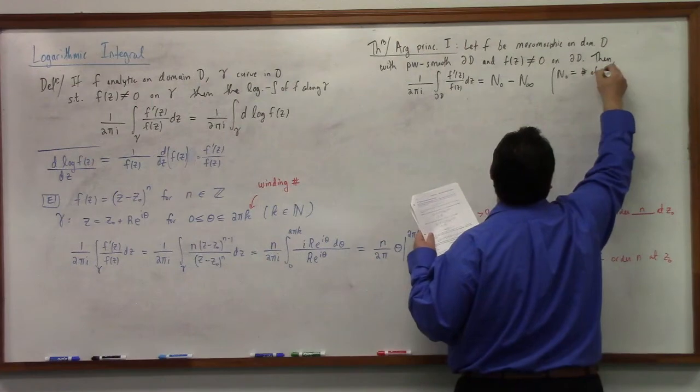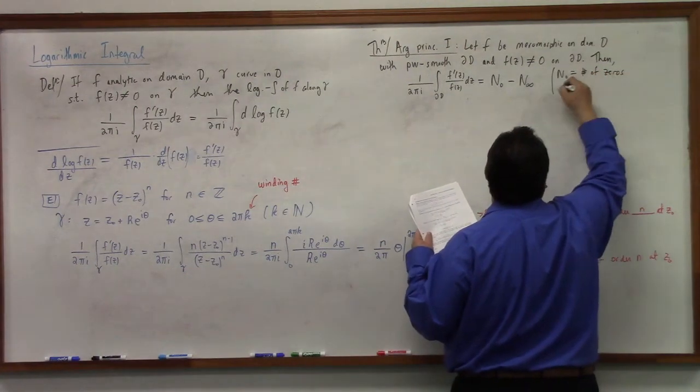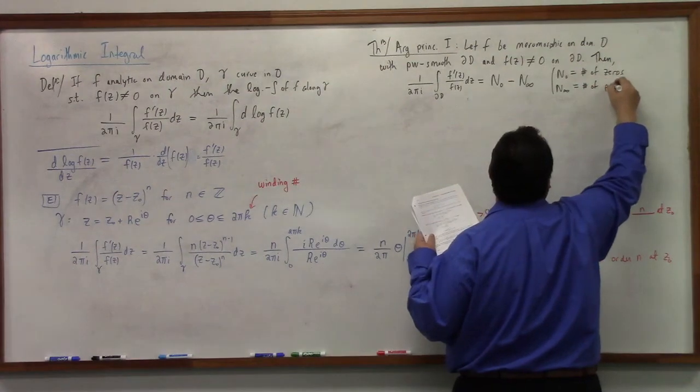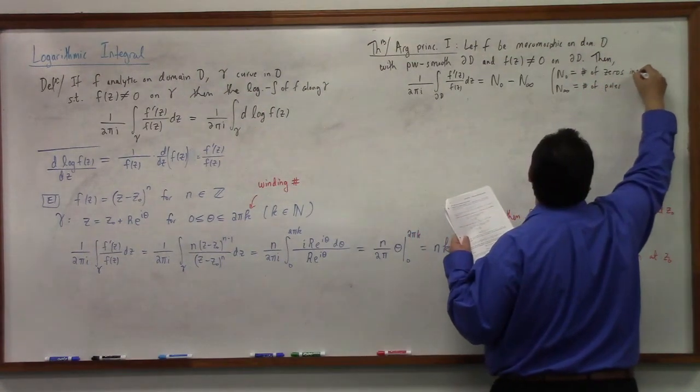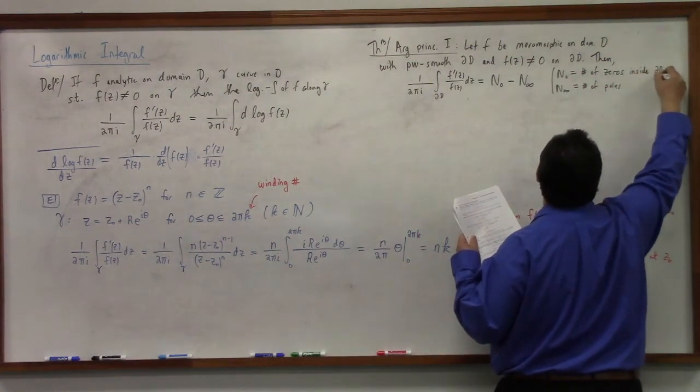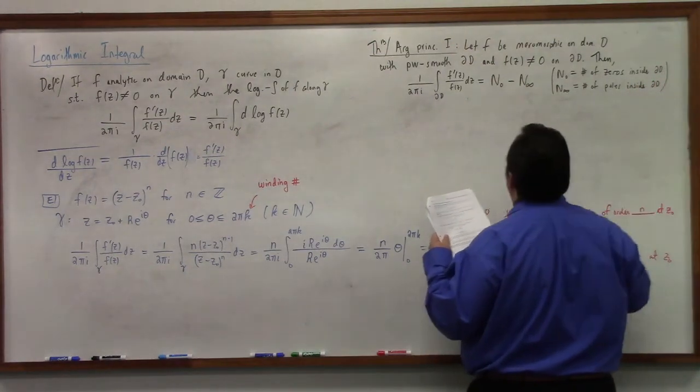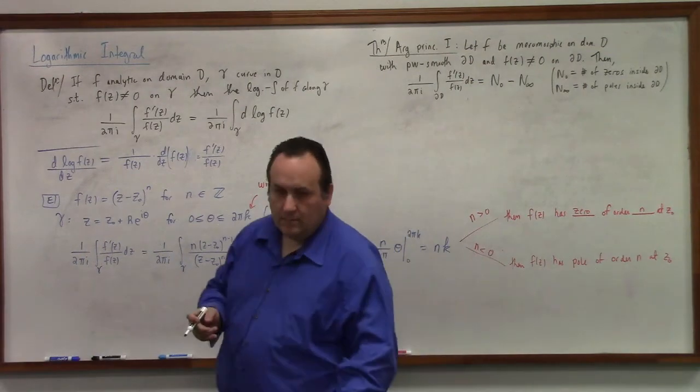Number of zeros, number of poles inside the boundary.